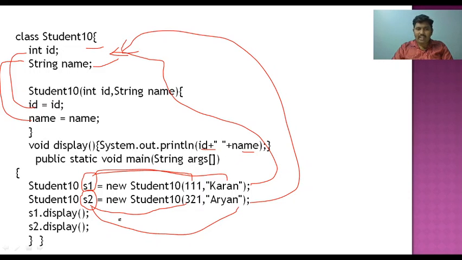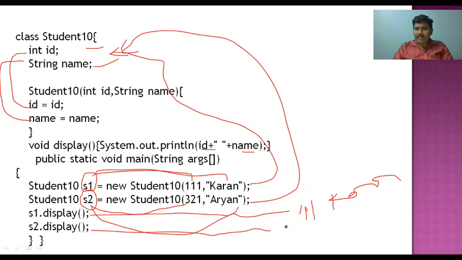What is the output we are expecting with respect to s1.display? We should get 111 Karan, and with respect to s2.display, we are expecting 321 RN. So this is the output we are expecting.